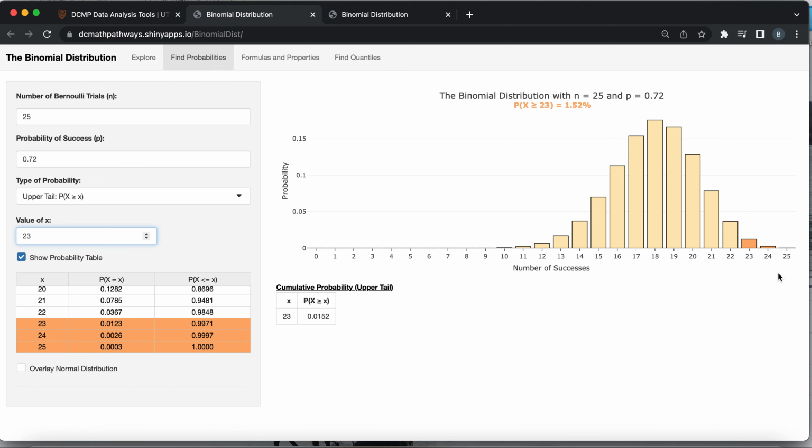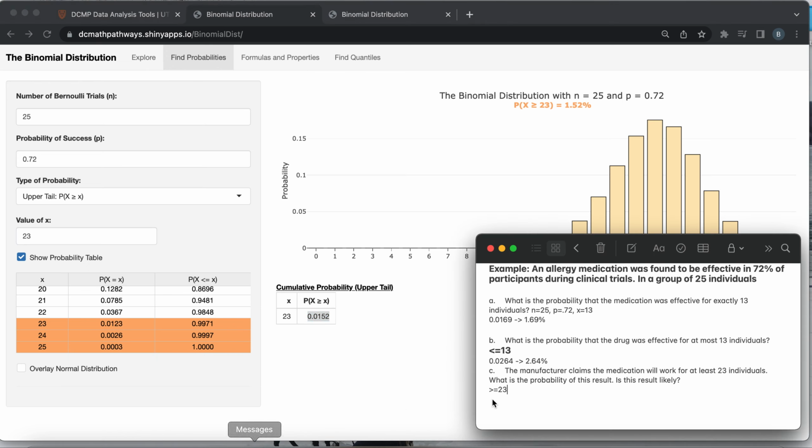So now you can see just these ones here are going to be the highlighted ones. What this is doing is it'll add these three together, and we get 0.0152, which is about 1.52%.